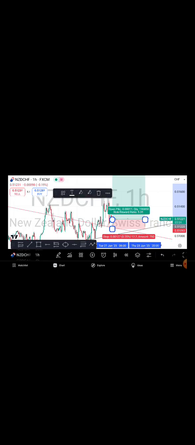In my opinion, this is ready to buy too. So I can take my buy trade from here as well. This is ready too. Very ready. And that is that about NZD/CHF.